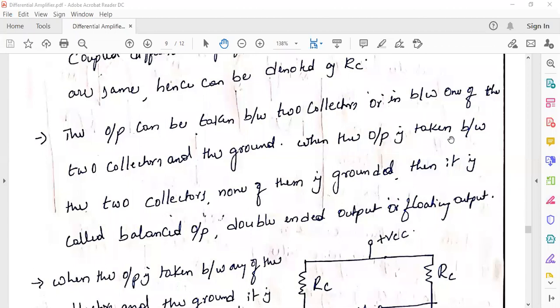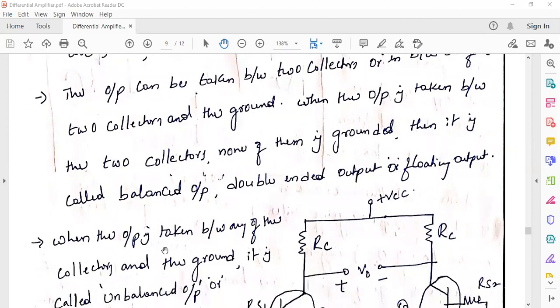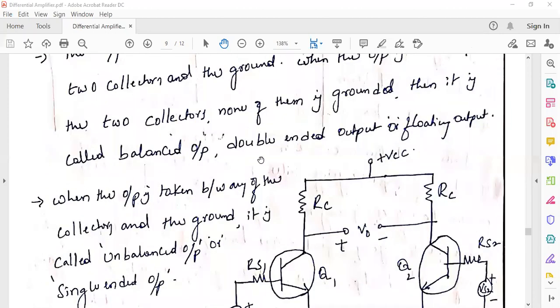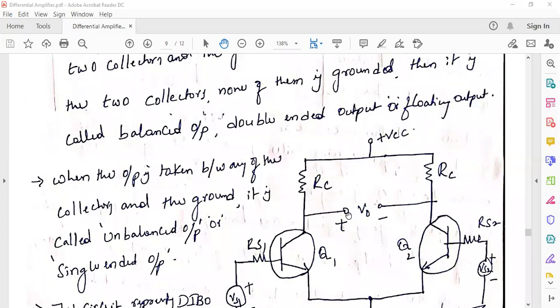If the output is taken between any one of the collectors, either collector 1 or collector 2, and ground, that is called unbalanced output or single-ended output.